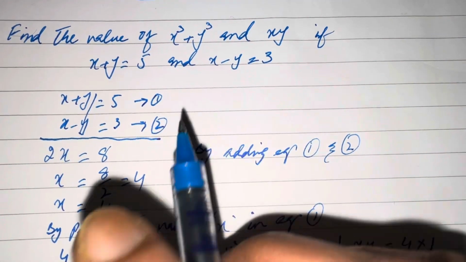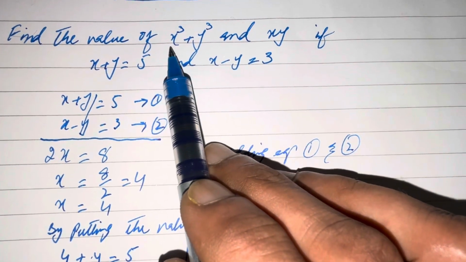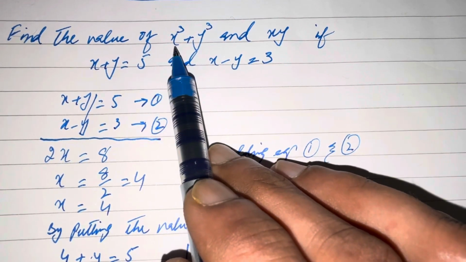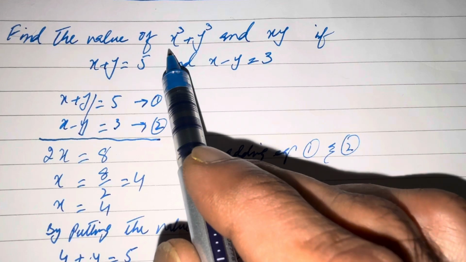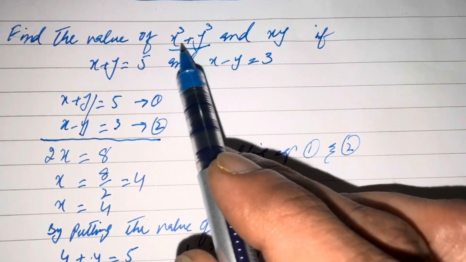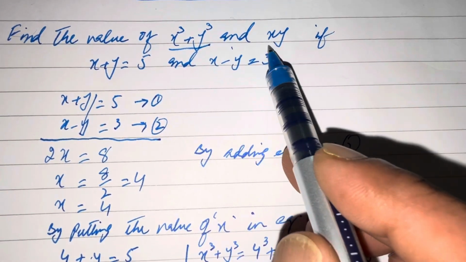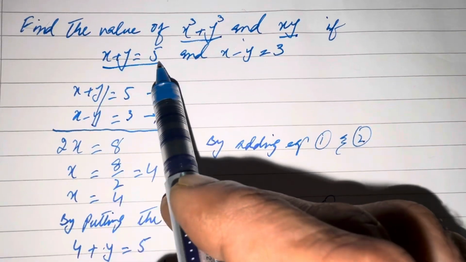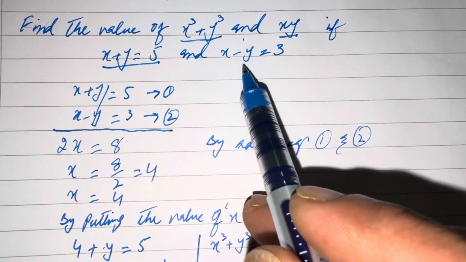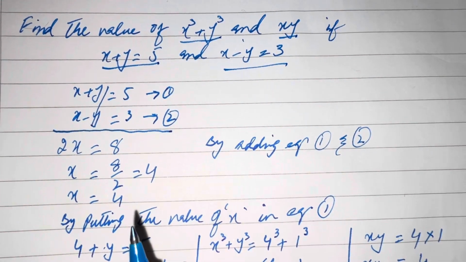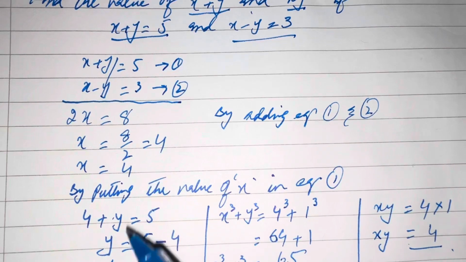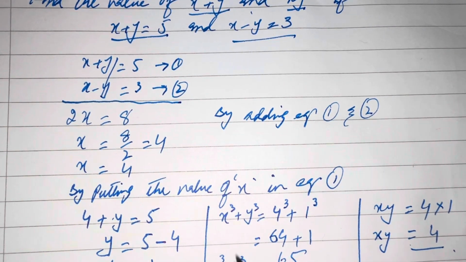If you see in the statement that we have to find the value of x cube plus y cube and xy, and these two expressions are given, x plus y is equal to 5 and x minus y is equal to 3, that's the way we have found the values.